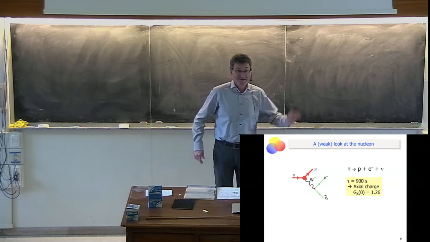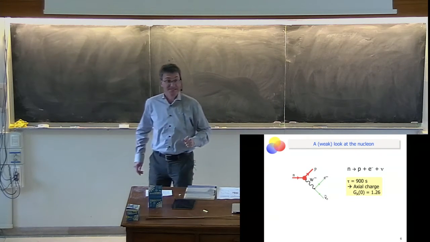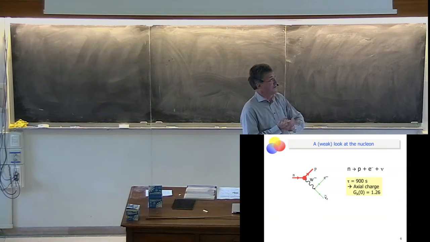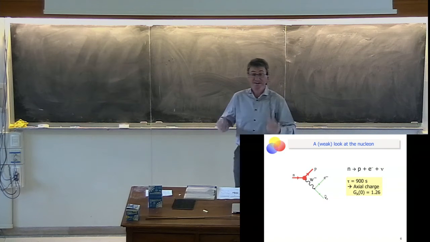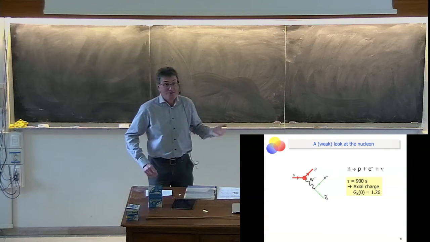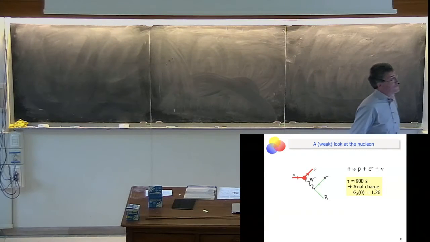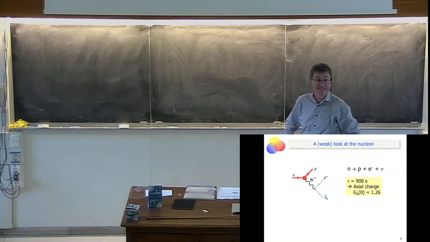This is another thing that we will not discuss in much more detail, but of course, knowing that there are things going on, you can have other ways of looking at the proton or neutron, not using photons, but for instance using the other gauge bosons.